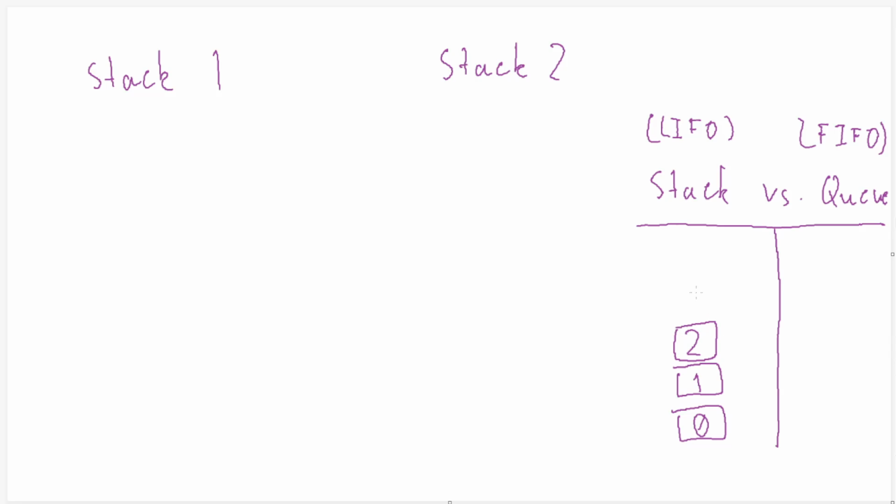If we want to remove from this data structure, we will remove from the spot that we added the last element to. So we would remove 2. Then again, if we want to remove, we would remove from the top. You can think of this as literally a pile of papers. You add to the pile by putting pieces of paper on top, and you remove from the pile by taking the pieces off of the top.